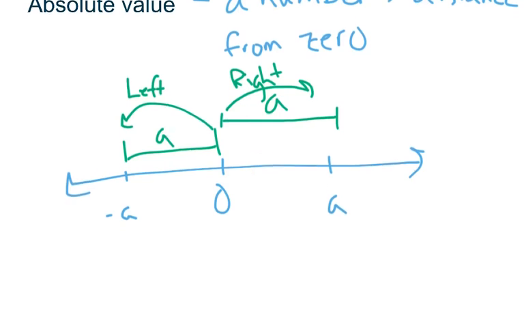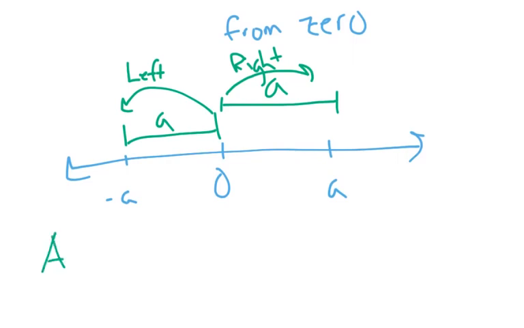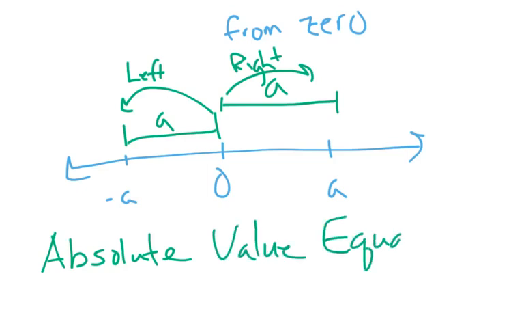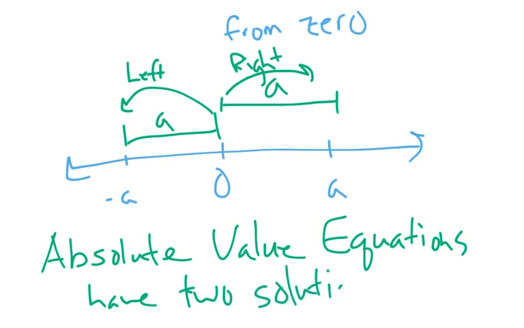And so what this means for equations is that absolute value equations have two solutions. And again, you can think of it as a left solution and a right solution, the one that's to the left, one that's to the right. So let me show you how we deal with the process of solving these.